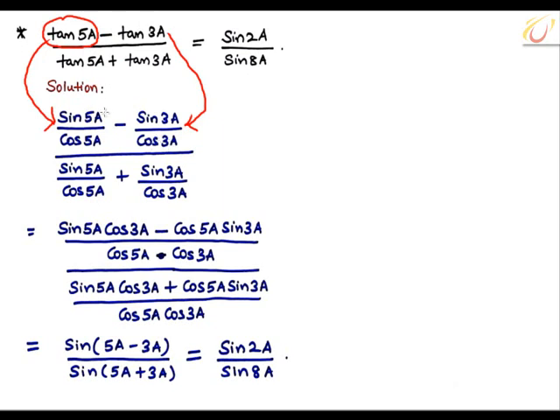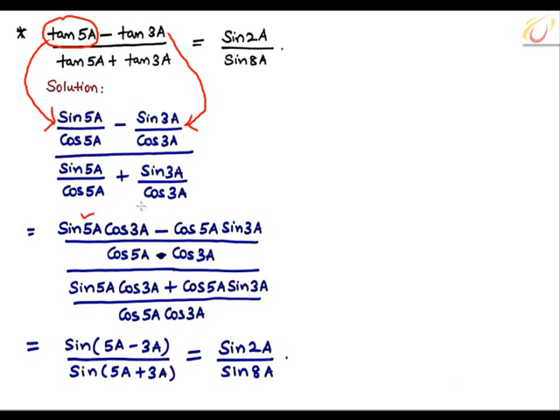So what do we get? Sin 5A upon cos 5A minus sin 3A upon cos 3A, whole thing divided by sin 5A upon cos 5A plus sin 3A upon cos 3A. Next step is cross multiply. Simply cross multiply. So what do we get?